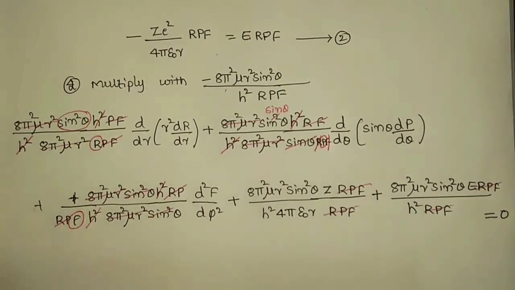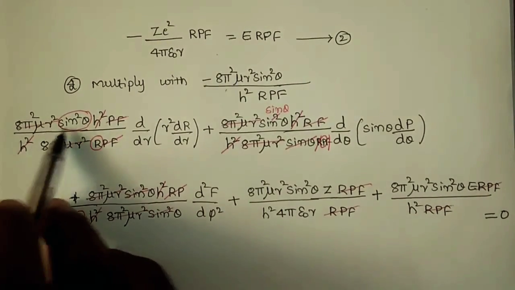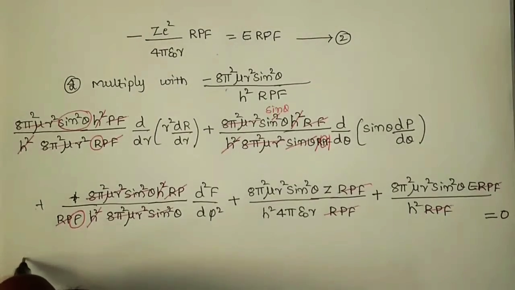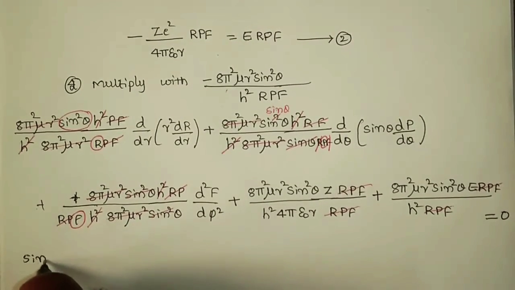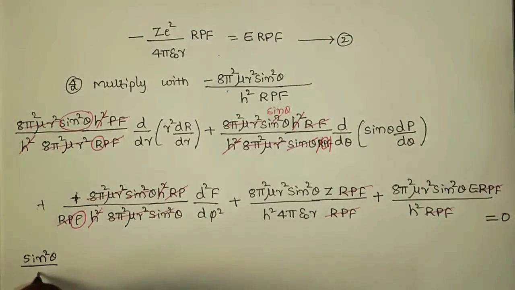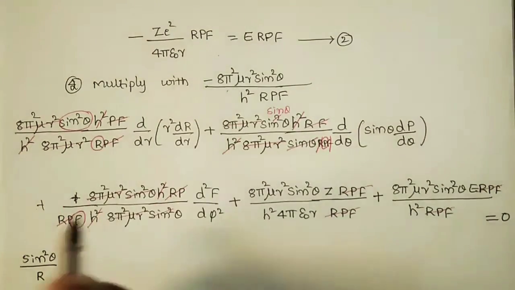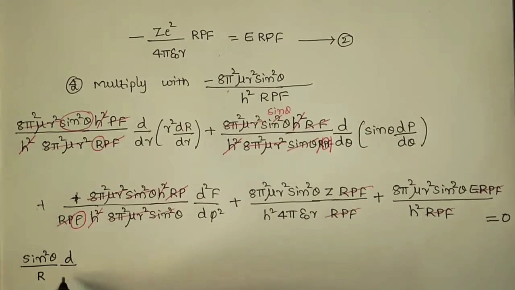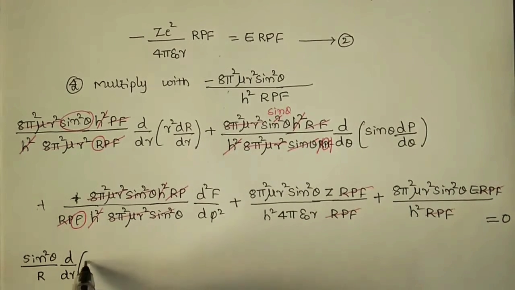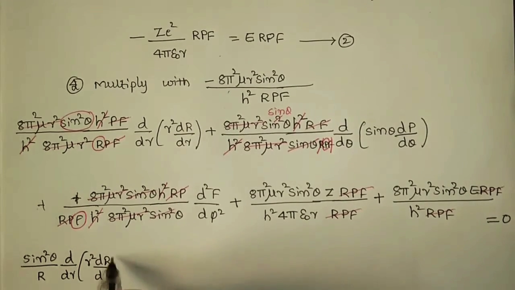And now we shall write the things that remained. Here we are left with sine square theta by r. So it is sine square theta by r, and the remaining part is d by dr of r square dr by dr.